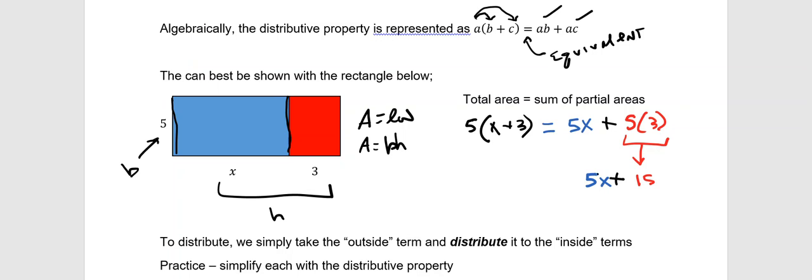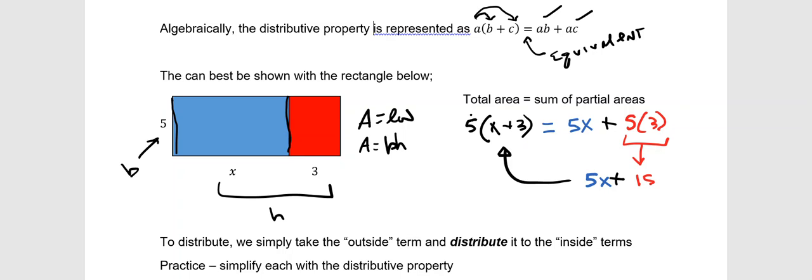And I can say collectively that 5x, the 5 times the x, plus 15, the 5 times 3, the two individual areas, is equal to the original total area of 5 times the entire, what I label as the height, x plus 3.